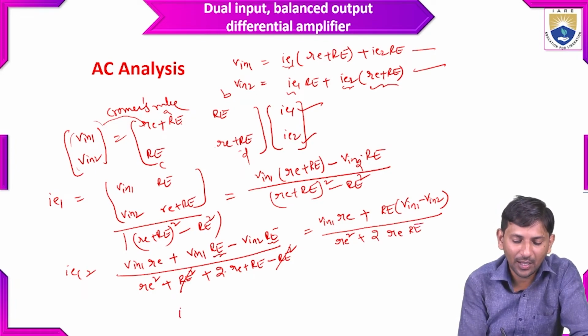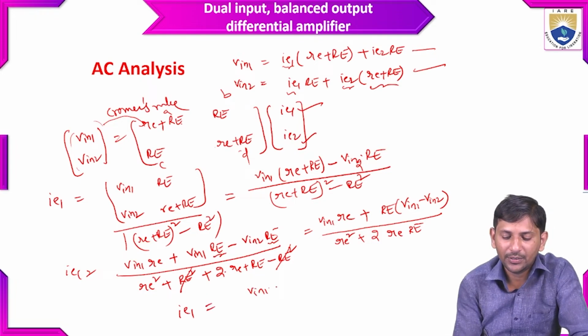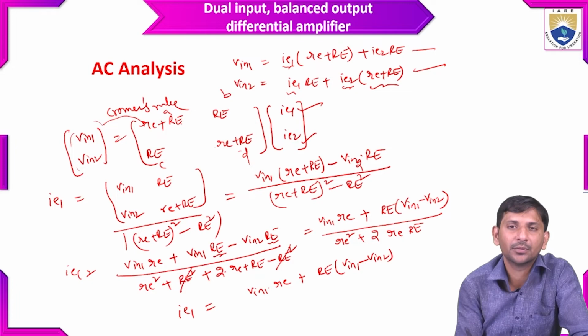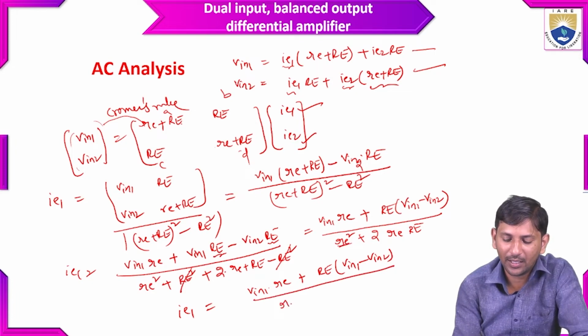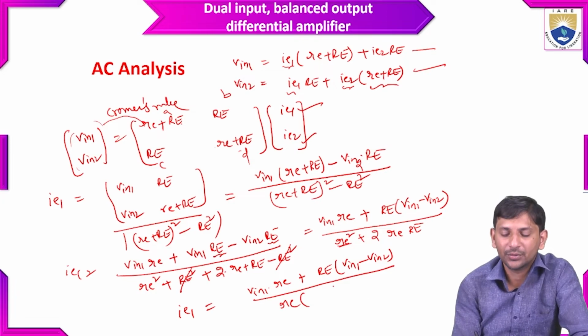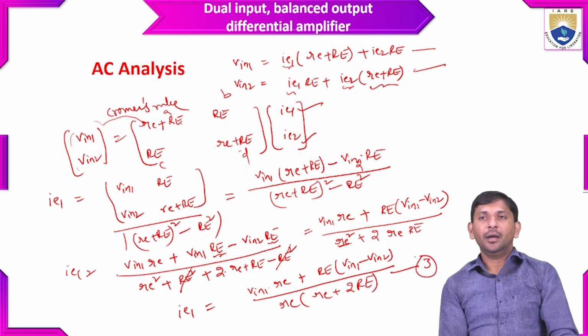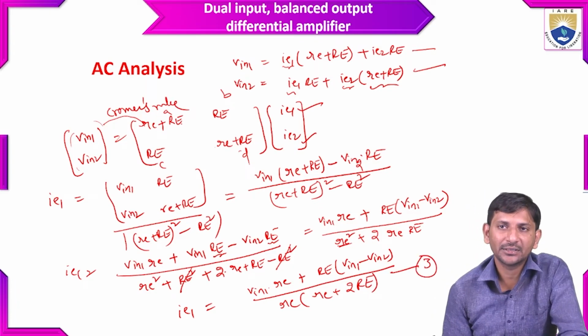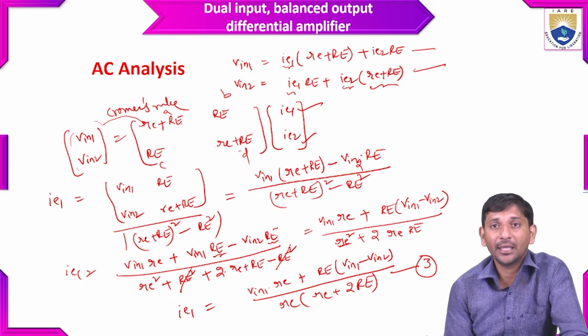So finally IE1 can be expressed as Vin1 into (RE plus RE) into the difference between the inputs, Vin1 minus Vin2, whole divided by, if you take RE common, RE plus 2 into capital RE. This is the expression for current in terms of your input voltages. So this is for IE1.